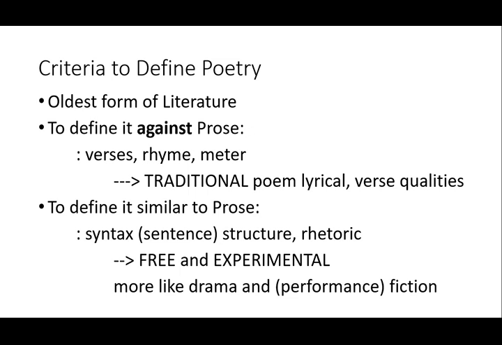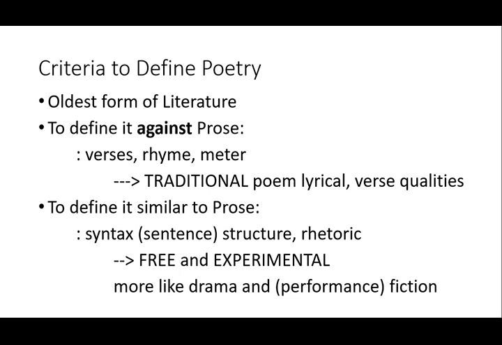However, the newer kinds of poetry, the more modern ones, may be using experimental verses, or maybe they don't rhyme, or maybe they don't use the meter. The meter here means the length of a line in a verse, the sound quality, the acoustic qualities of poetry.